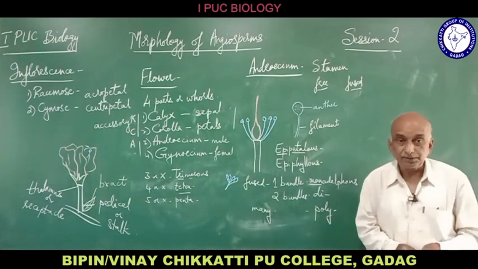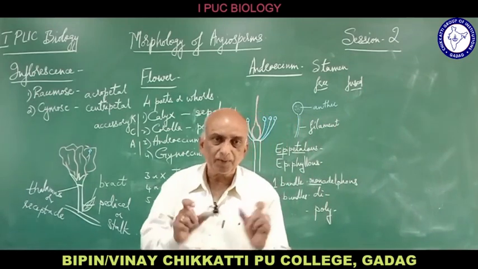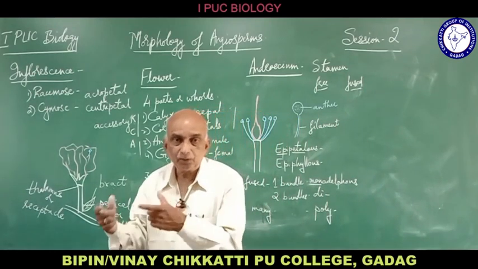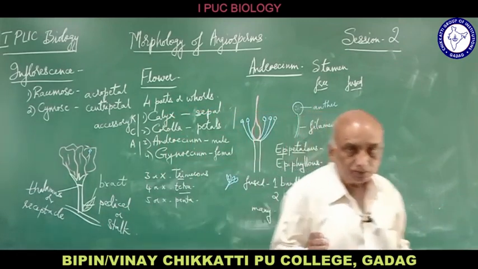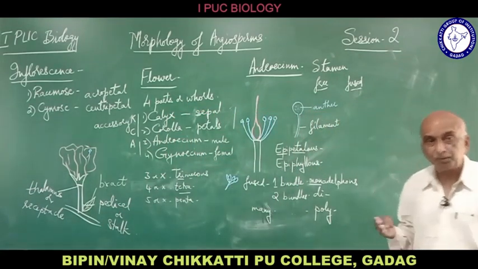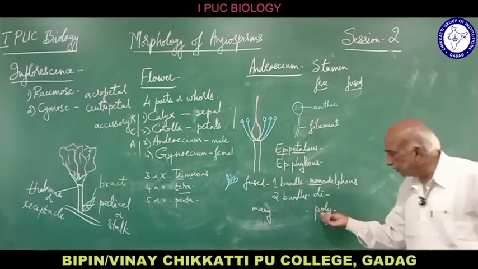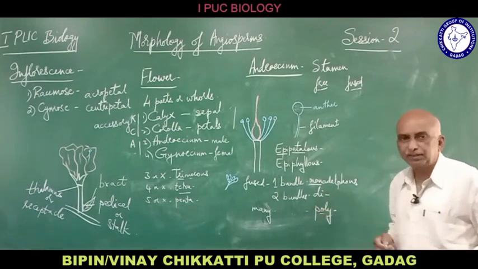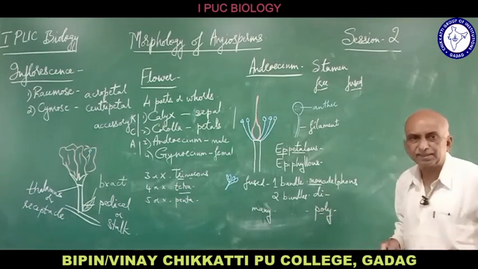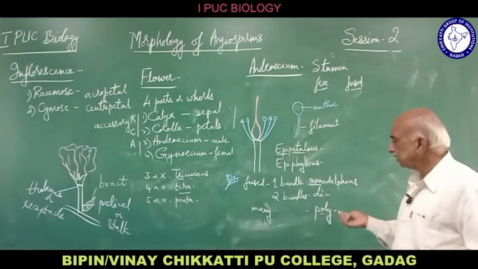Here 2 or 3 stamens unite to form one bundle, and another 2 or 3. Like that, 2-3 stamens each fuse together to form about 7 or 8 bundles or even more. So when there are 3 or more bundles, and usually there are many more, 5, 6, 7, 8, that is called polyadelphous androecium.